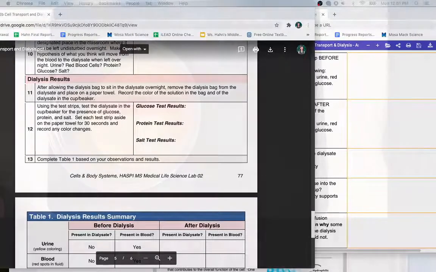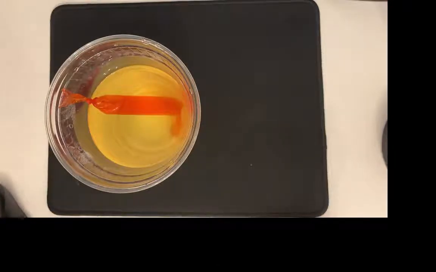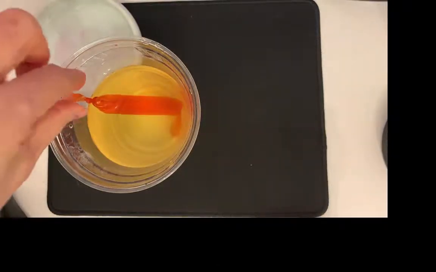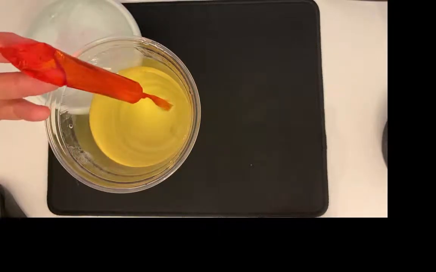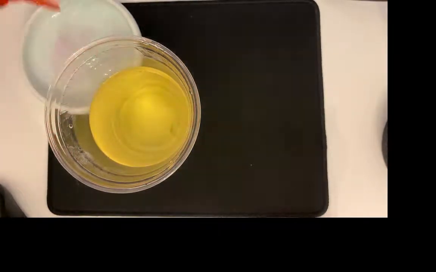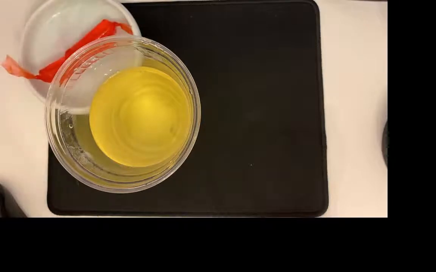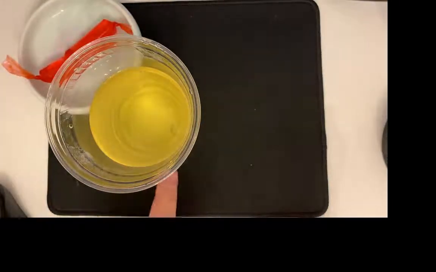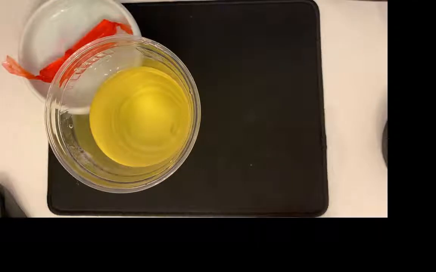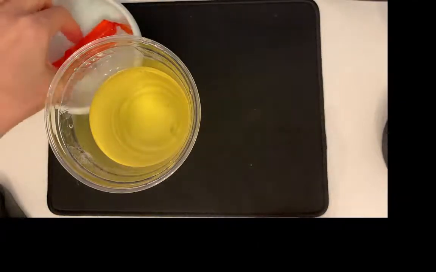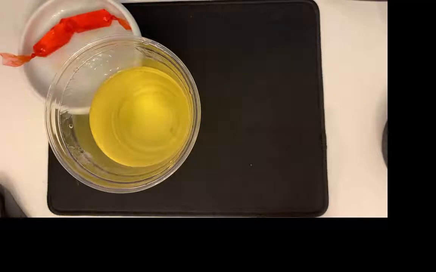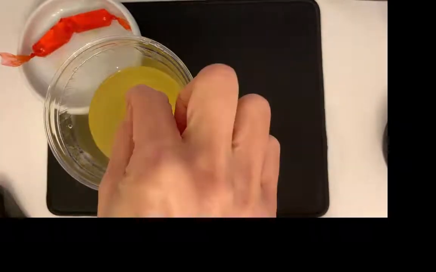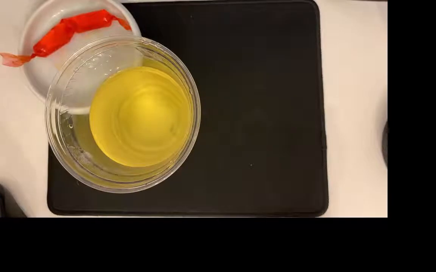So let's go ahead and do that. Remember, we had glucose, protein, and salt inside the blood, and let's see if any of those substances diffused into the dialysate as it sat overnight. So I'm going to go ahead and test. So here's our glucose, and I'm going to dip it, and oops, I did the wrong end.